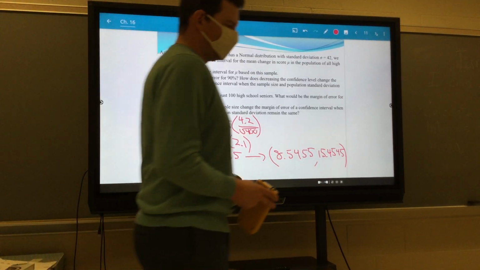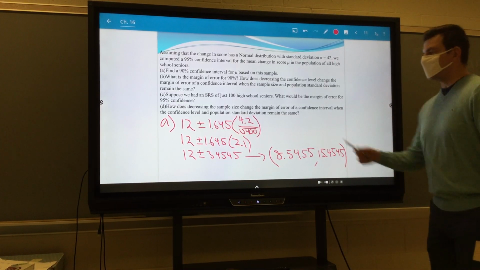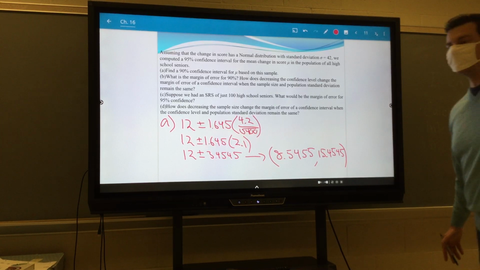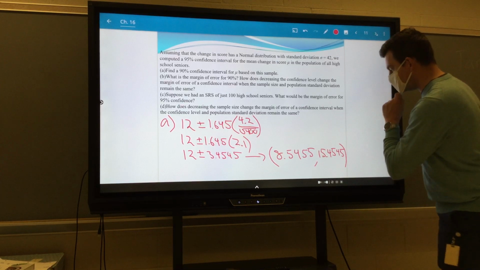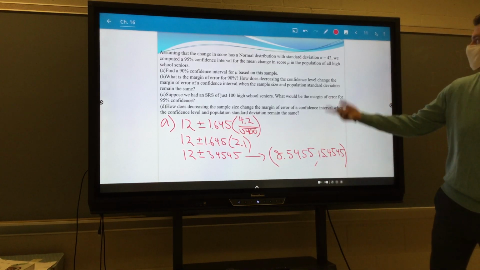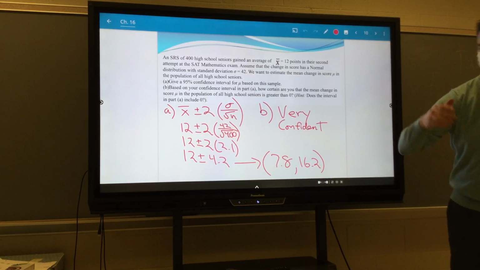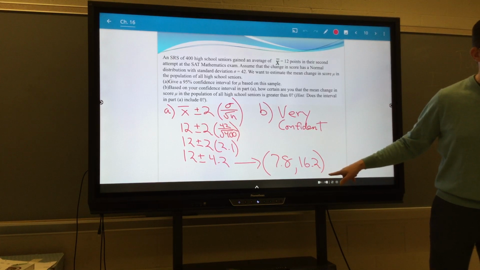So let's compare. We're essentially saying now, with our 90% level of confidence, we're 90% sure, 9 out of 10 times, our population mean is going to be between 8.5 and 15.5. Before, we're 95% sure it was between 7.8 and 16.2.